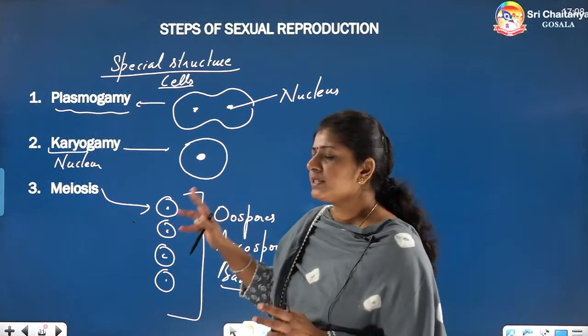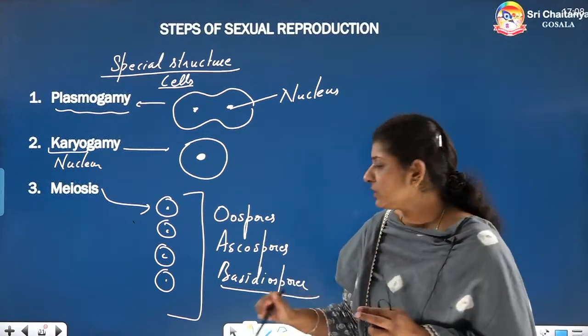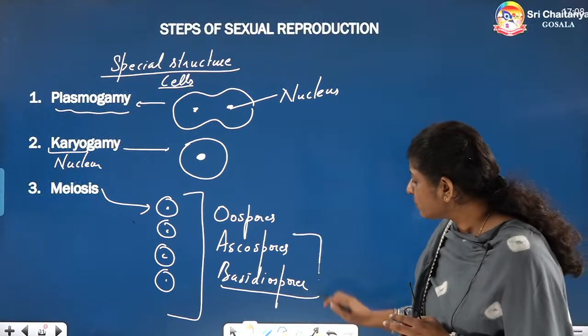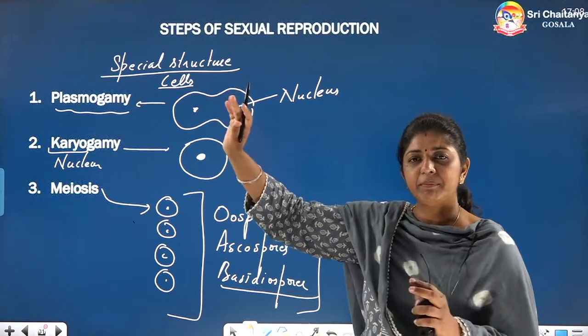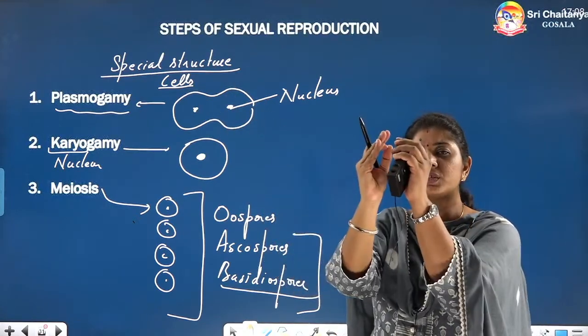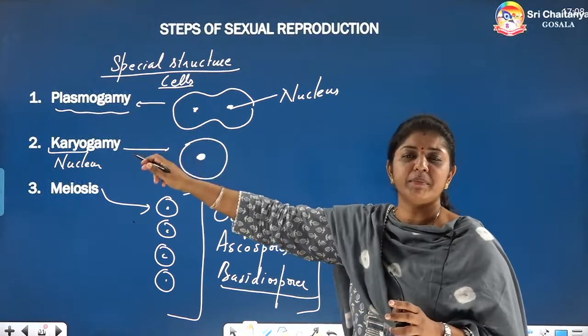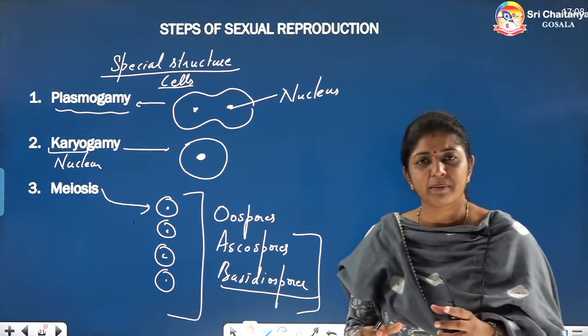Now there is still one more differentiation between oospore, ascospore and basidiospore. In ascospore and basidiospore, when plasmogamy happens, I repeat, when two special cells fuse, the fusion of their cytoplasm you call plasmogamy.